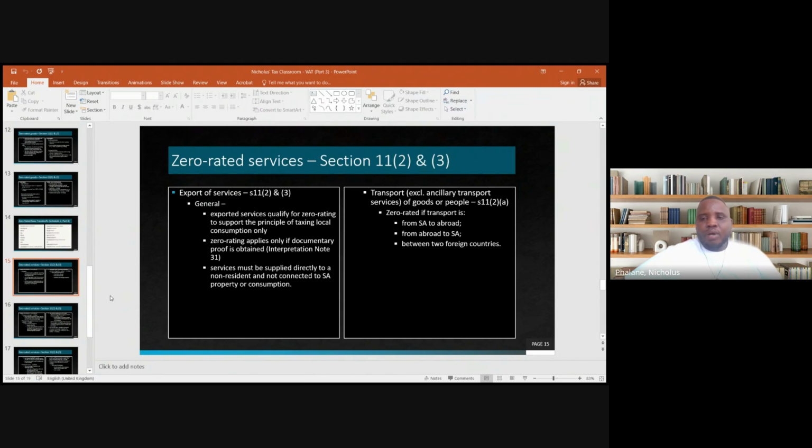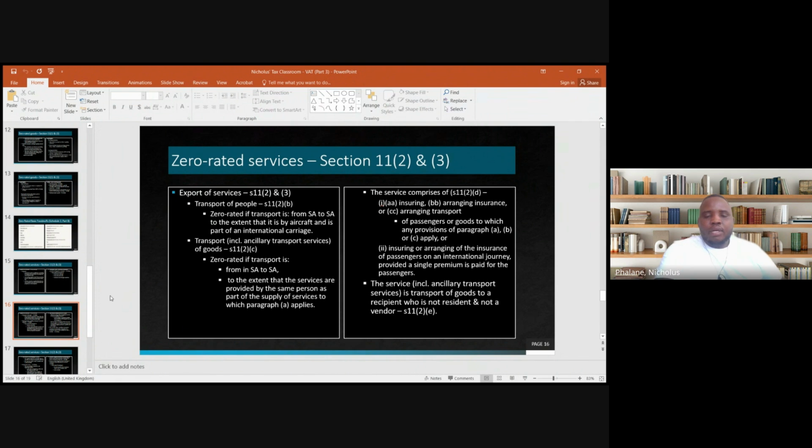So basically, you are in USA, you are traveling to the UK, but there are goods that need to be transported in SA. Because they are connected to that travel in foreign countries, the transport in SA would then be zero rated.